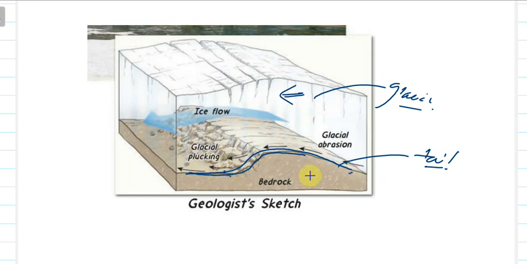Okay, so you can say that lee and stoss side. Okay, so basically this is causing the erosion of this bedrock, okay, in this fashion. So you will get this type of, so here you will have glacial plucking. ओके, यहाँ पे फ्रैक्चर्स वगैरह रहेगा और यहाँ पे स्मूथ रहेगा.